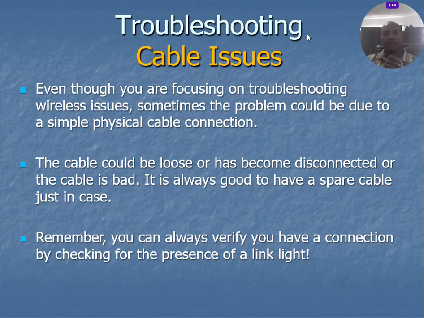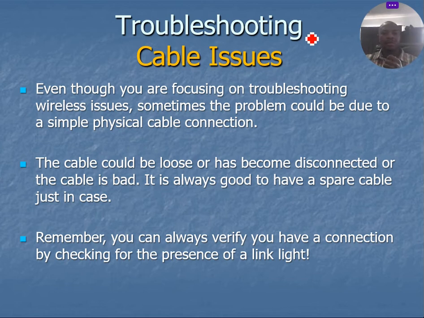Now, cable issue. Despite using wireless, sometimes problems could also be due to simple physical cable connections in your system, because your hub and switch are connected with cable and plugged into the wall so that electricity supply can get to them. So in one way or the other, there is a cable with the hardware devices.